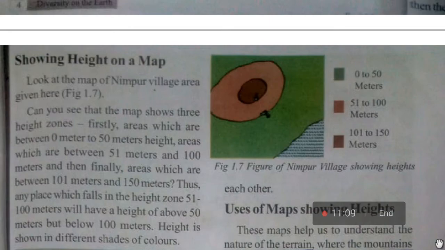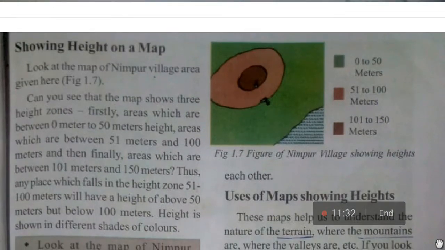Firstly, the areas between 0 meters and 50 meters height, then the areas between 51 meters and 100 meters, then finally the areas between 101 meters and 150 meters. Thus, any place which falls in the height zone 51 to 100 meters will have a height of above 50 meters but below 100 meters. Height is shown in different shades of colors.